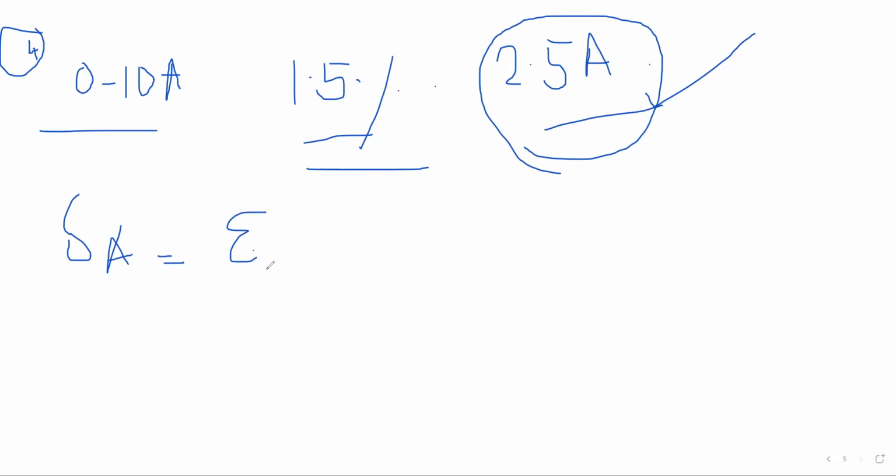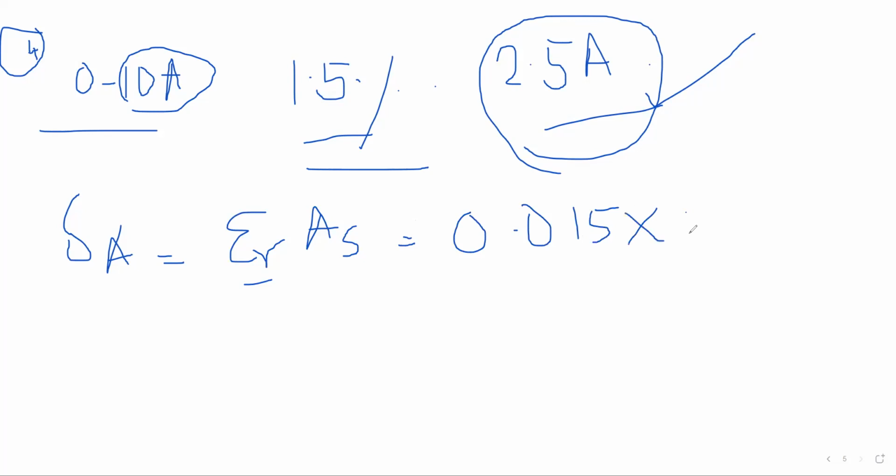According to me, your del A will be epsilon r multiplied by AS, and I can see here my AS will be 10 ampere and epsilon r will be this one, 1.5%. So convert it into decimal. If you convert 1.5% into decimal, how much will it come? 0.015, right? 0.015 multiplied by what?